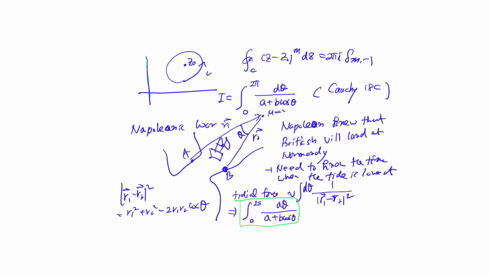So that's the actual history of this problem. It has been around for over 200 years, since the Napoleonic War. The motivation was to predict the tidal force, or the height of the tide, in a region like Normandy.